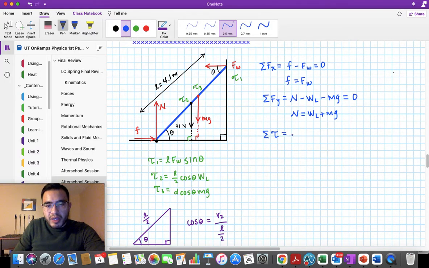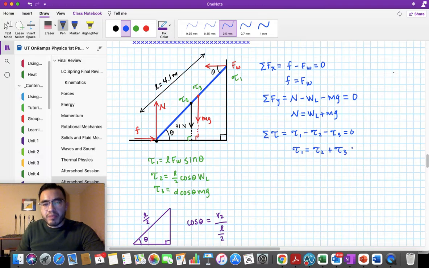So that'll be torque 1 minus torque 2 minus torque 3 is equal to 0. So then torque 1 is equal to torque 2 plus torque number 3.